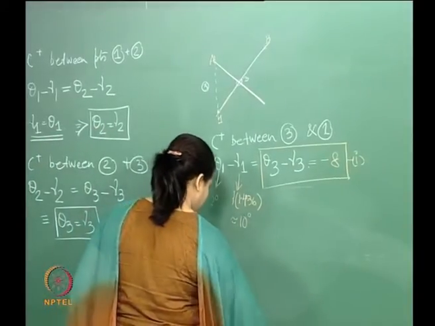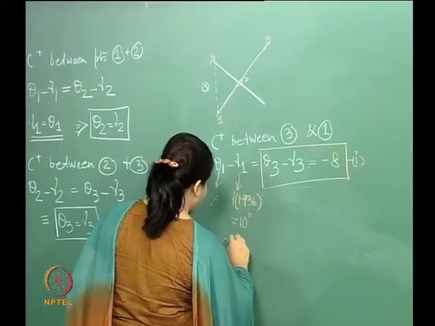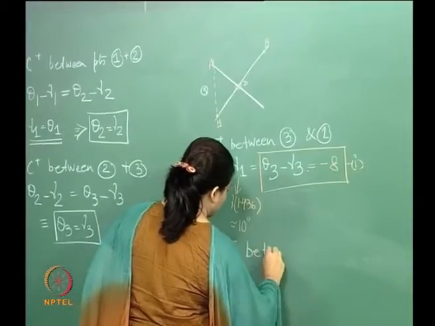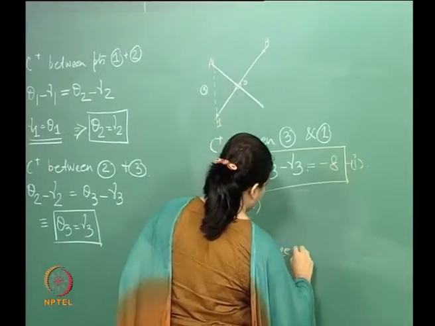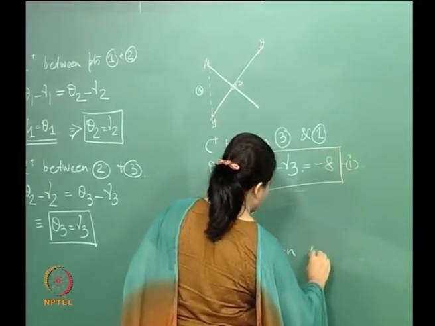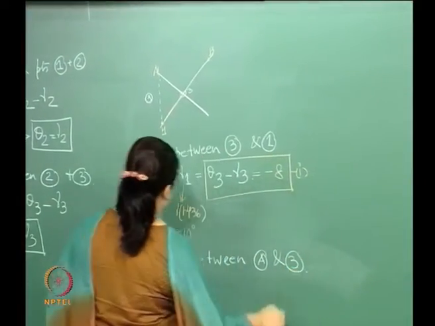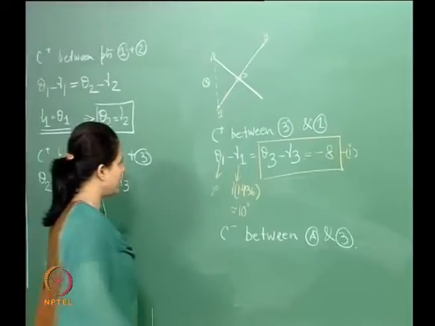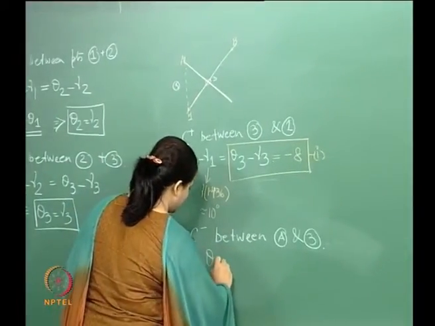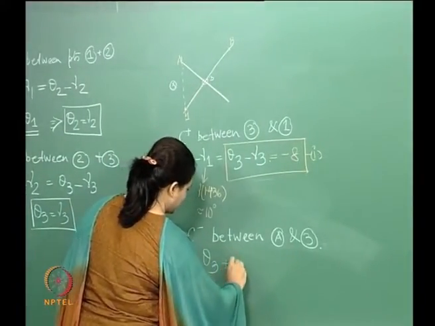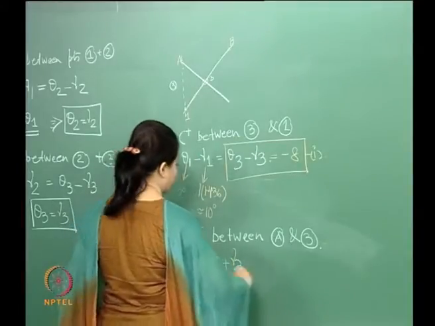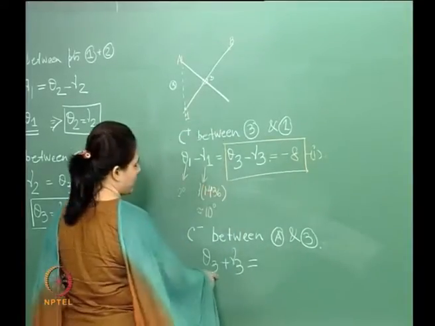So let us take left running characteristic between A and 3, right. So again, and this is my compatibility equation.